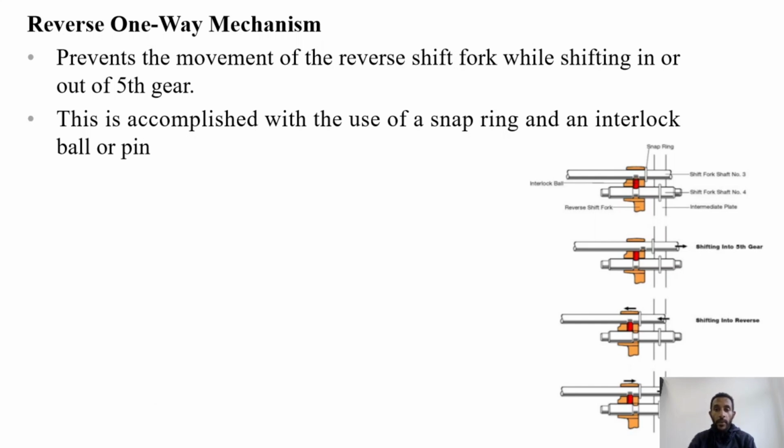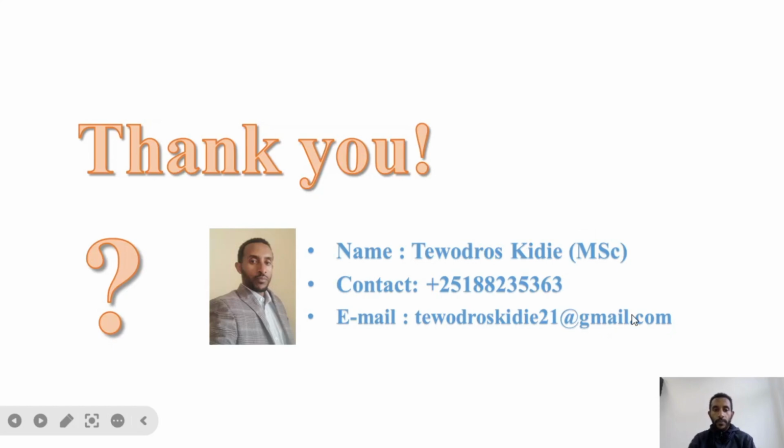The gear will be damaged, there will be a critical effect, or maybe the vehicle will roll over. So to prevent this, it uses a snap ring or some mechanism to prevent shifting from fifth gear directly to reverse. So we call this the reverse one-way mechanism.